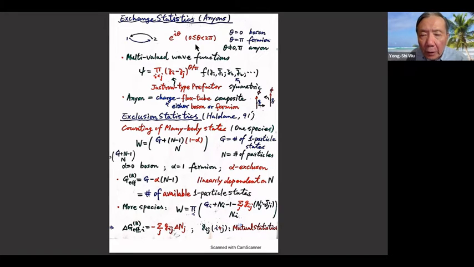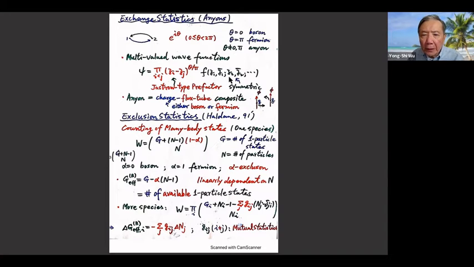From the braid group theory, it can be shown that this kind of exchange statistics, or anyons, can be realized in two spatial dimensional systems.